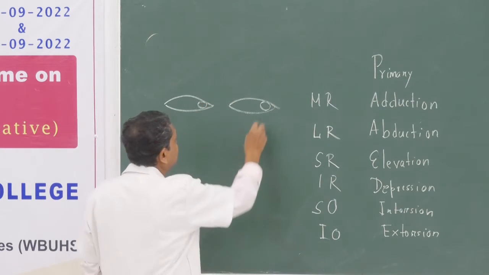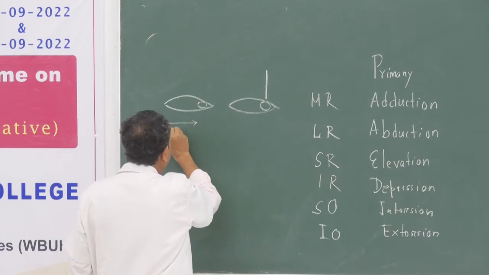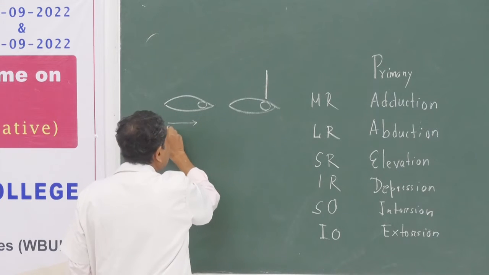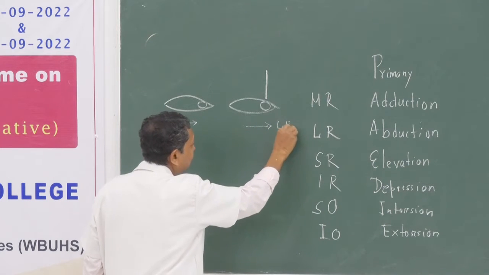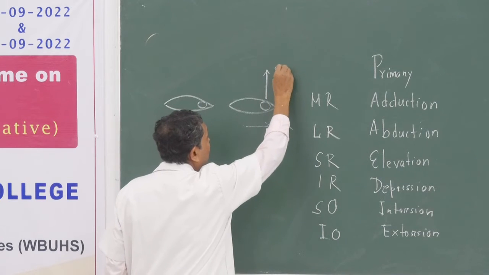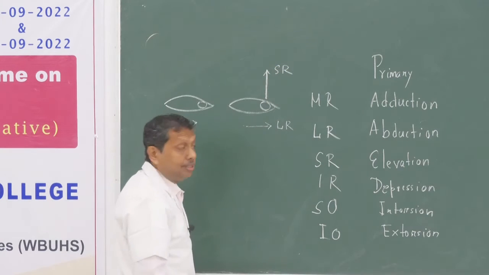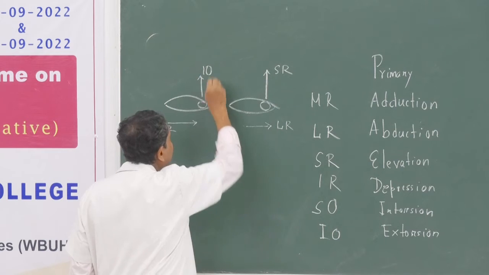And in that case, there is the medial direction of action of medial rectus, and it is the direction of activity of the lateral rectus. And this elevation at that position is by superior rectus, and in this case it is inferior oblique.